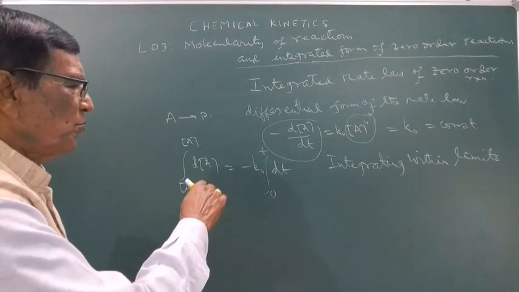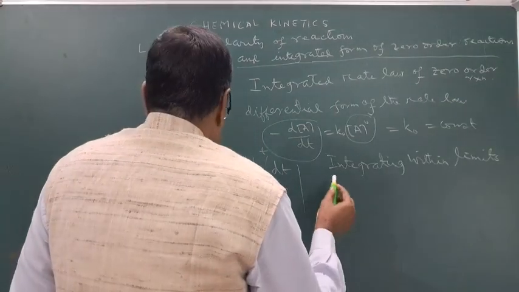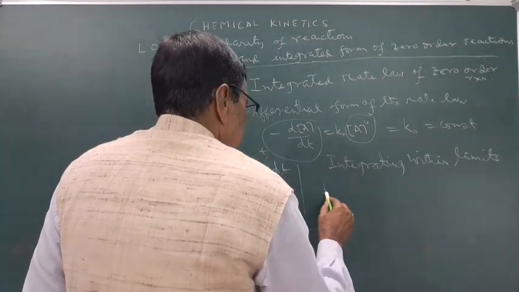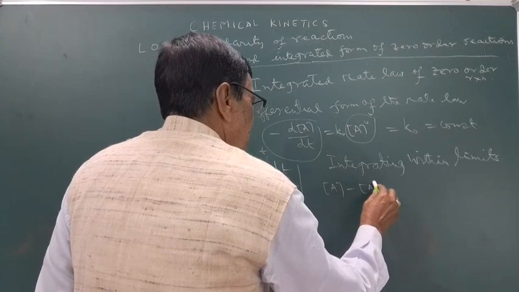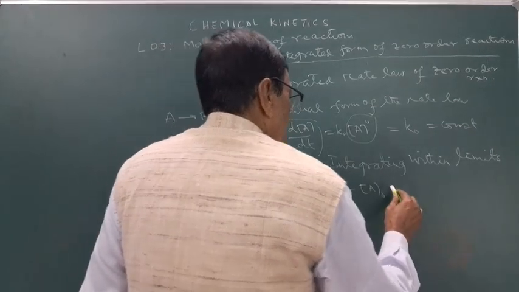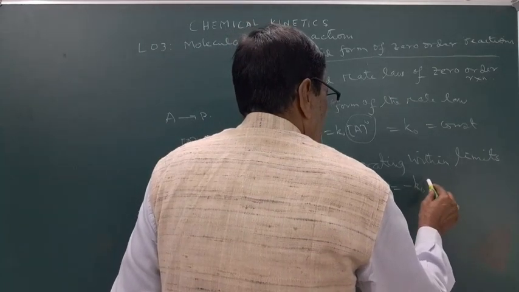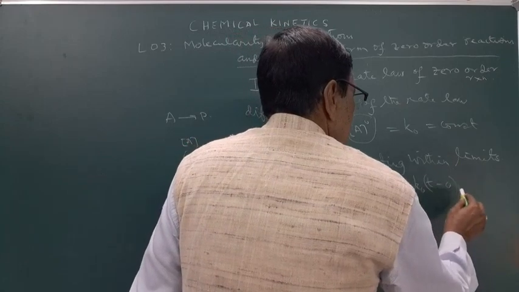Whenever we are integrating, it will give you the concentration of A minus the concentration of A naught equal to minus K naught t.